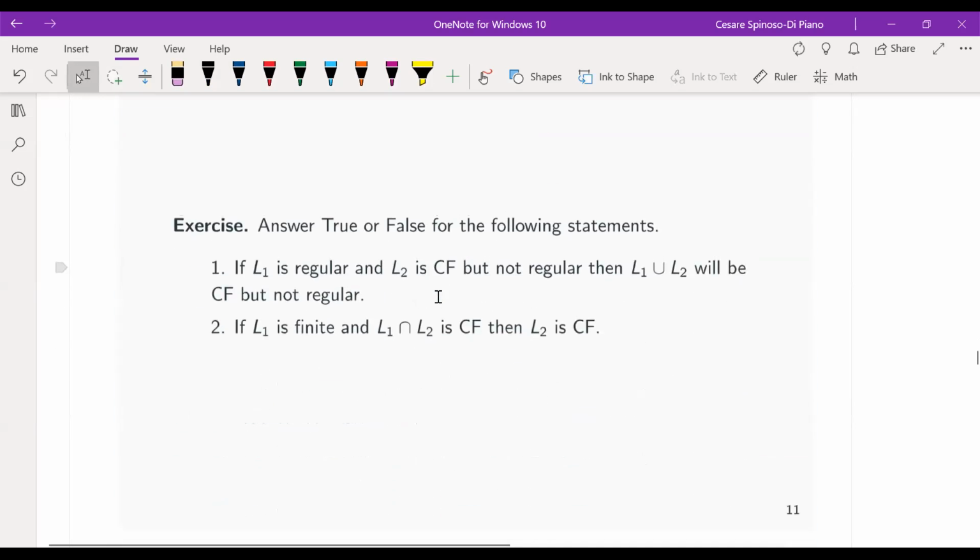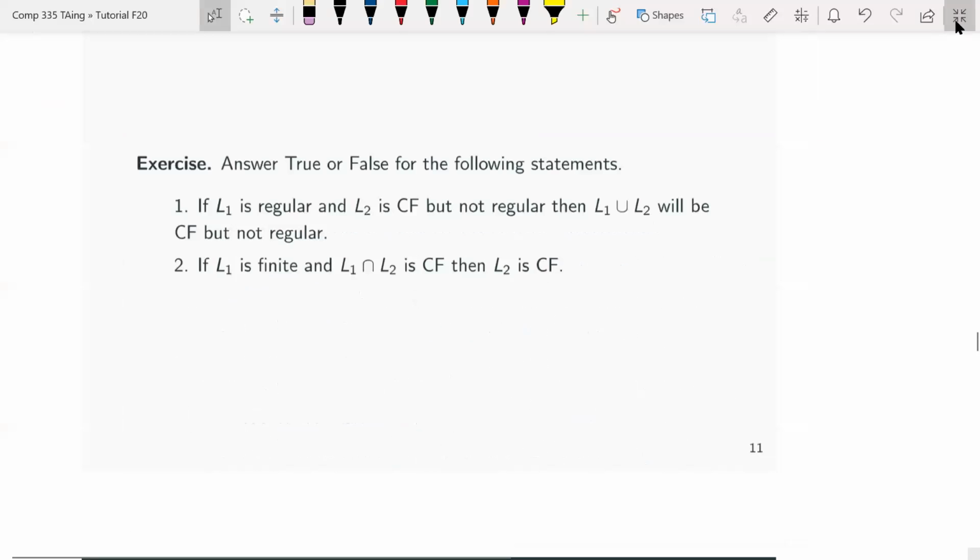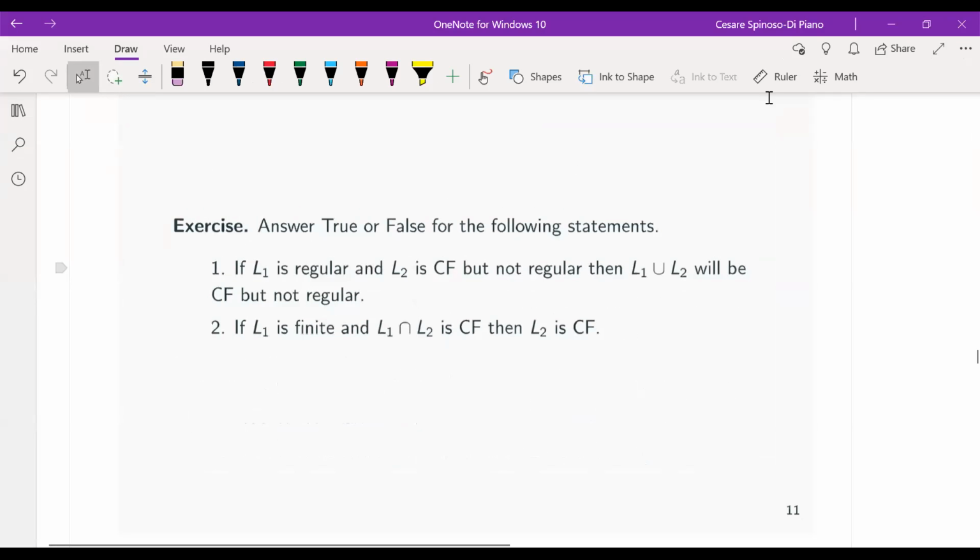So that was for the exercise of showing if something is context free using the intersection, an important closure property. The other one is a true false. So I know this is everyone's favorite type of questions. So we have two claims here, and we want to know if they're true or false.